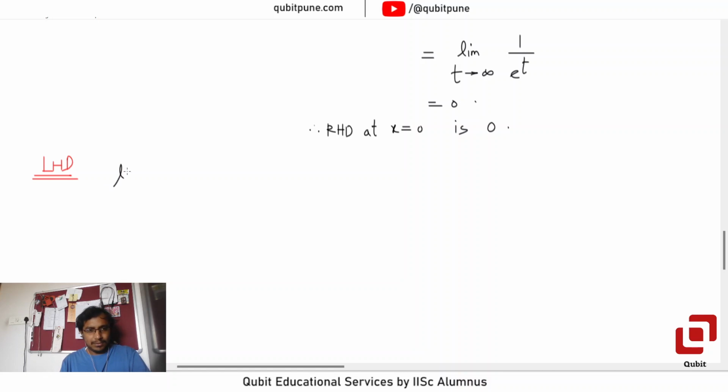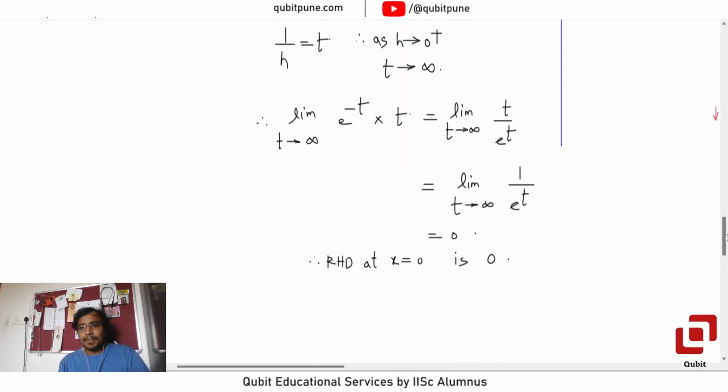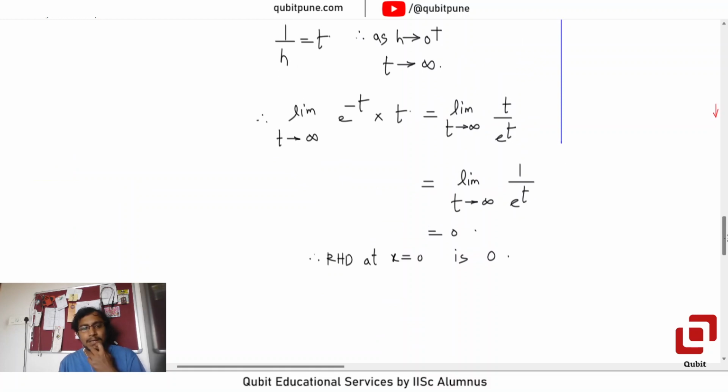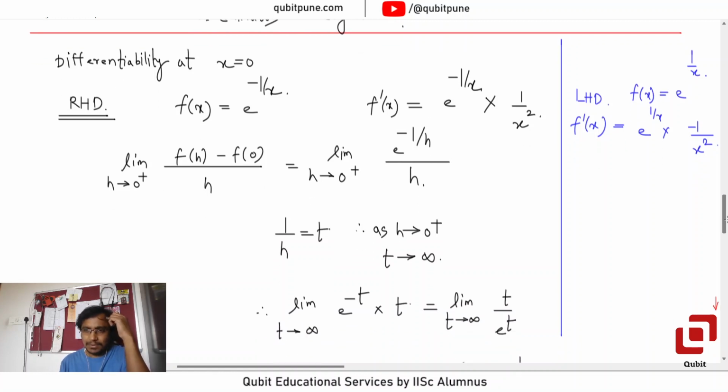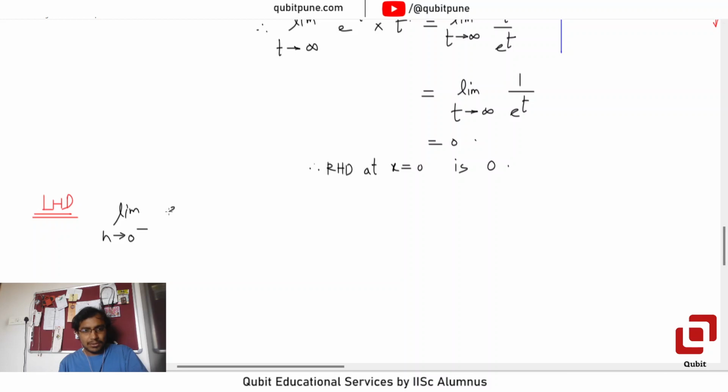So limit as h tends to 0 minus, f of 0 plus h, so it's e raised to 1 upon h, minus f of 0 upon h.